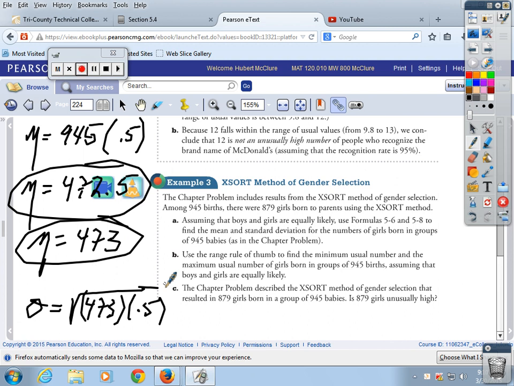So the square root of 236.25. The square root of 225 is 15, 16 squared is 196, 17 I have no idea. What is it? 15.37.